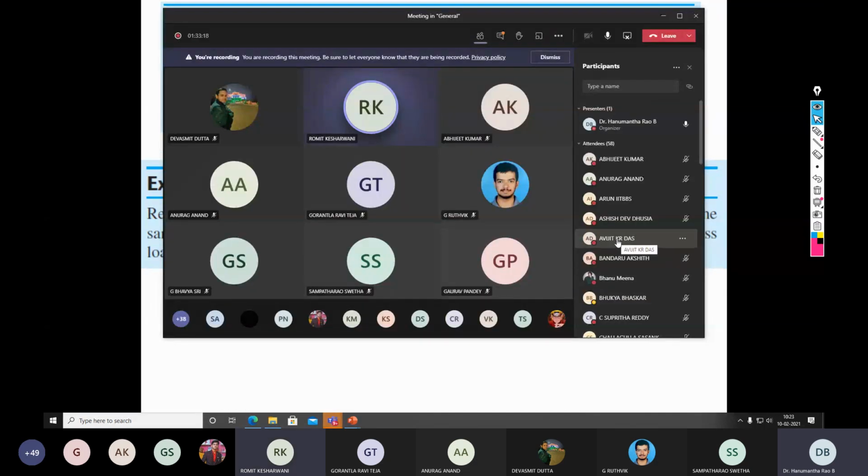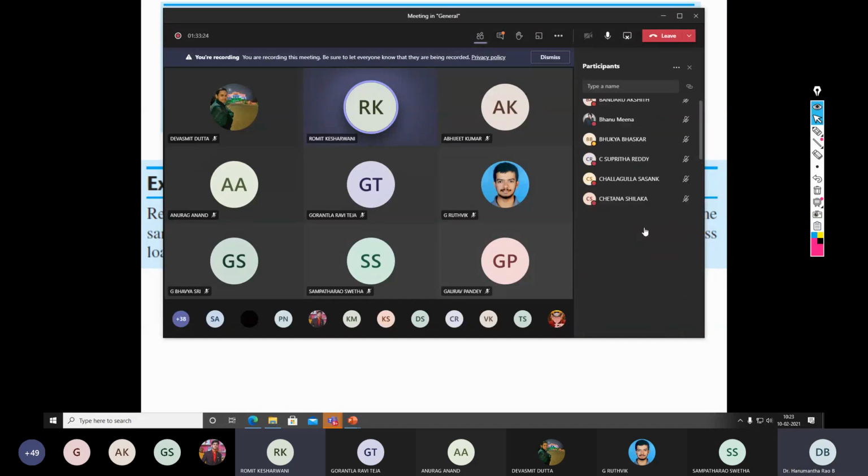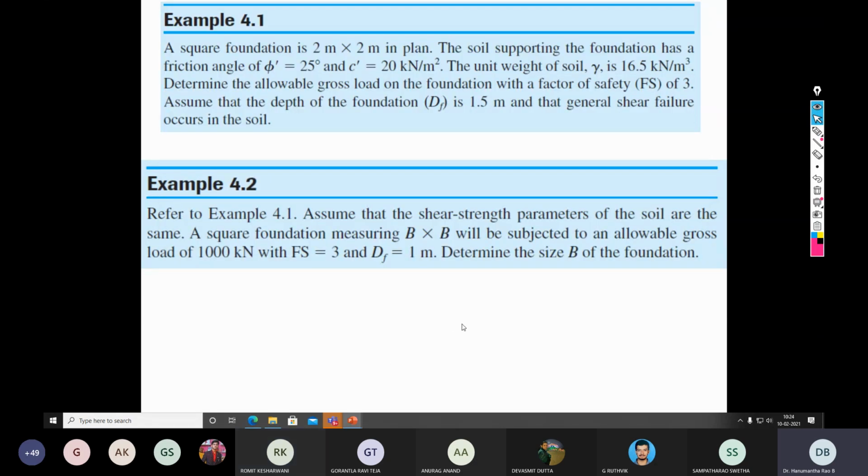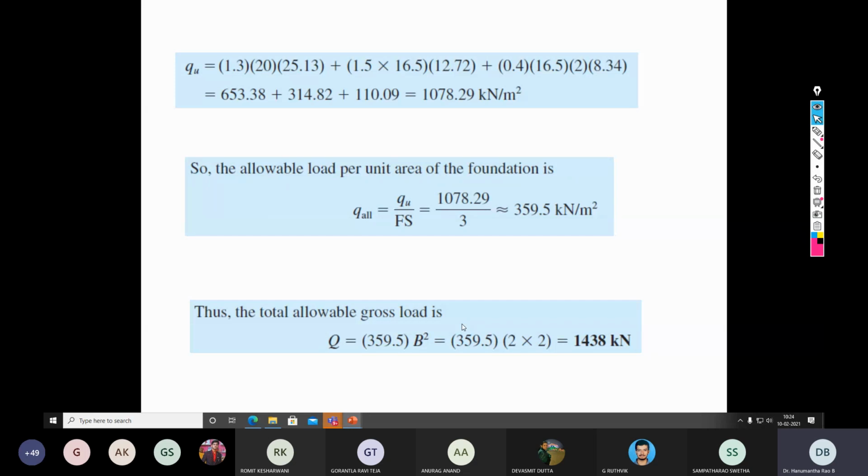Sir, just equating the allowable load equals 1000. Yeah, just look here. Here the allowable load is given, capital Q. Ultimate is not known; ultimate you need to calculate.